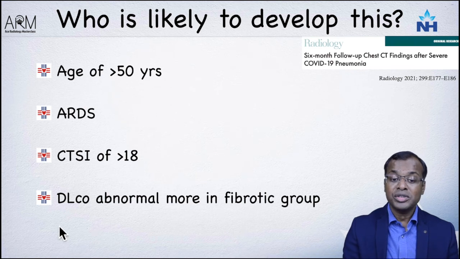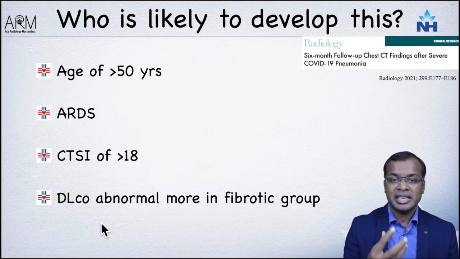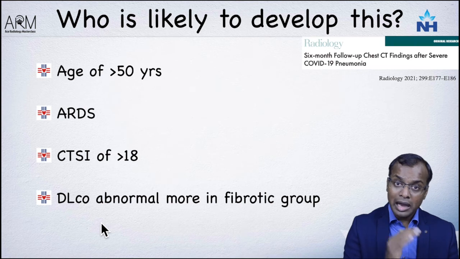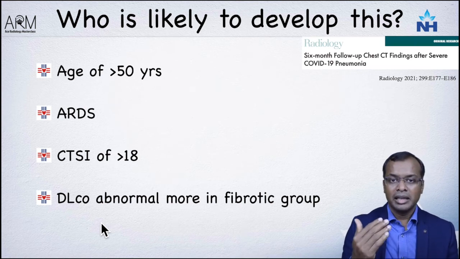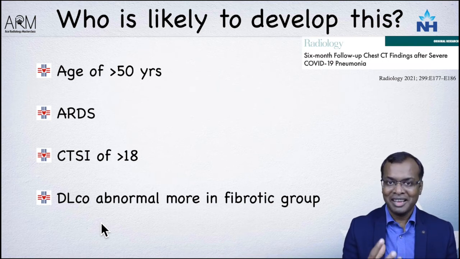Also, the diffusion capacity was abnormal in the fibrotic group. So this perhaps is the first evidence that we are starting to see which says that the lung parenchymal changes do have a clinical impact, do have a clinical correlation, that these patients were having reduced diffusion capacity.